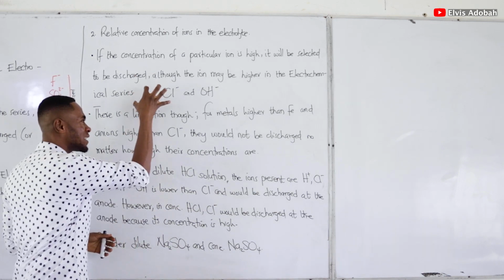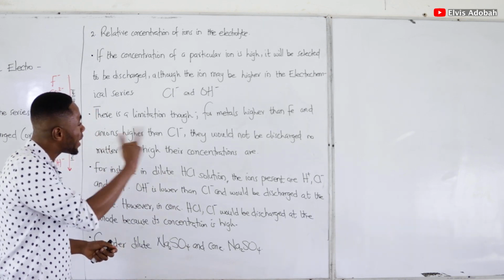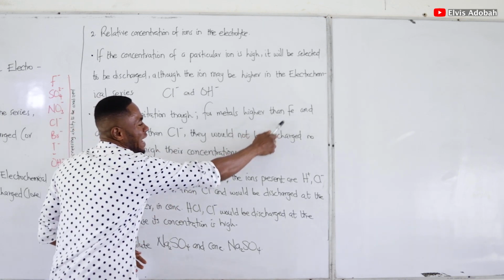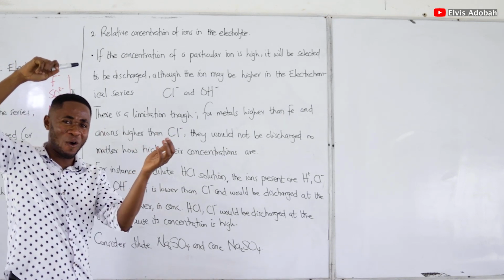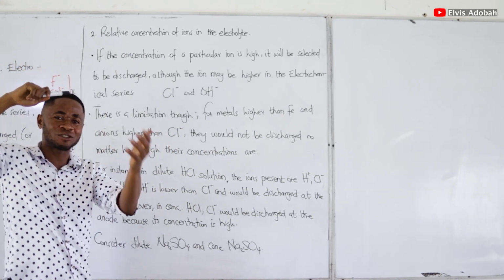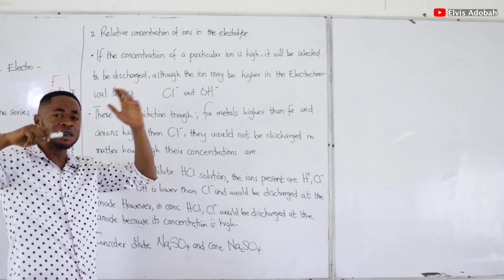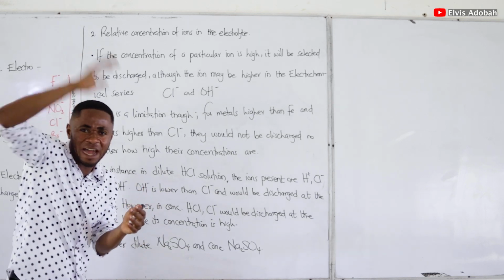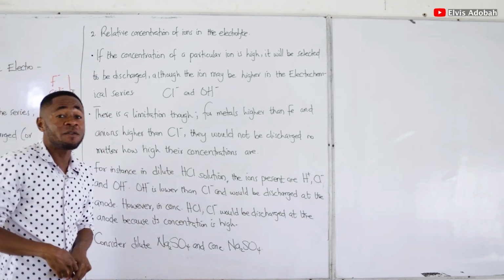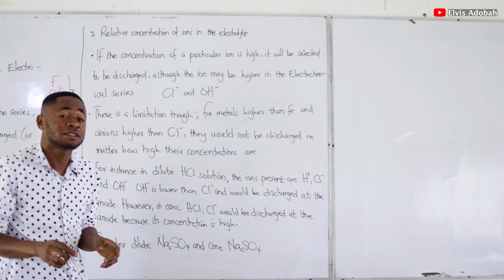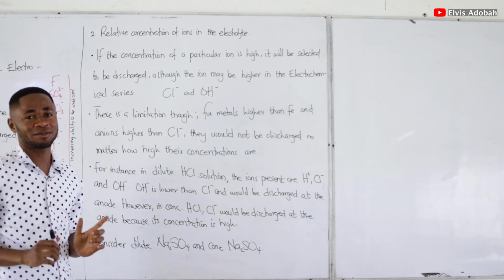But even within this factor, there is another limitation. The other limitation is for the metals. If the metal is higher than iron, the magnesium, the calcium, the sodium, the potassium, the lithium, they are higher than iron in the electrochemical series. For them, even if it is concentrated, still the lower one will be discharged.